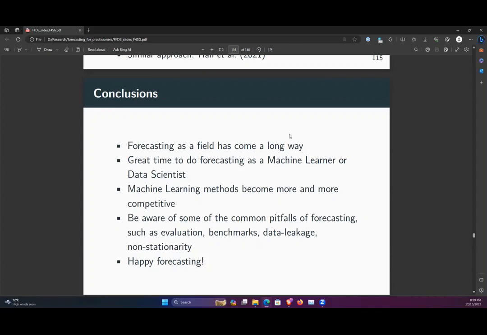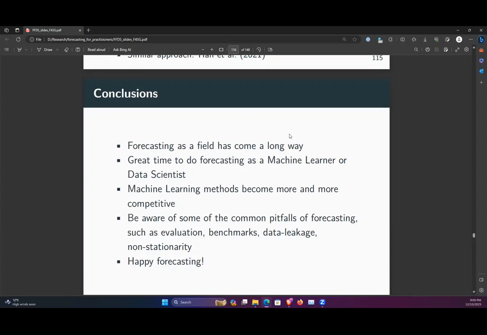Machine learning methods become more and more competitive, but still be aware of some of the common pitfalls for forecasting, such as evaluation, benchmarks, data leakage, and non-stationarity. Actually, most of them we haven't covered too much today, right? So evaluation, benchmarks, that's all in this paper that I pointed to.